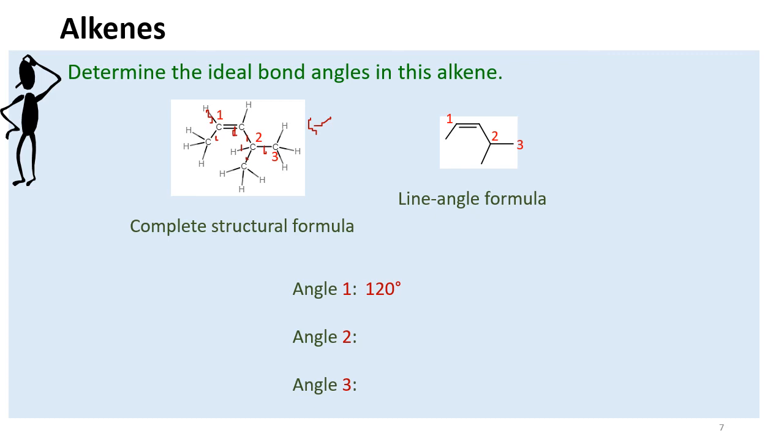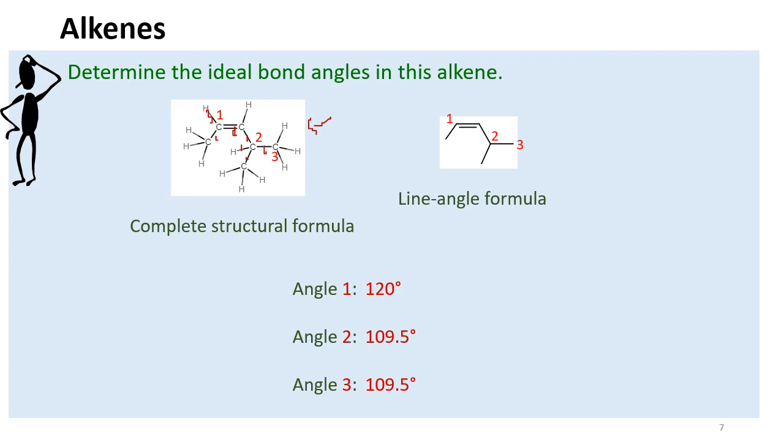Well, that's tetrahedral, and that angle is 109.5. Carbon 3 is also all single bonds, 4 connections, tetrahedral with angles of 109.5 degrees. So we can get a lot of information out of a structural formula for a hydrocarbon.